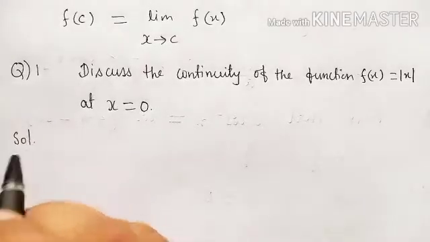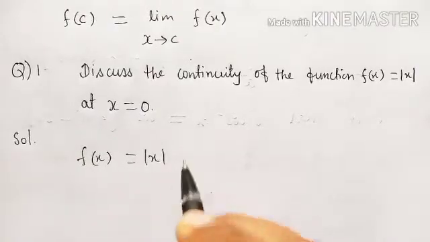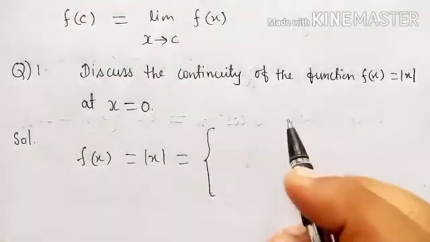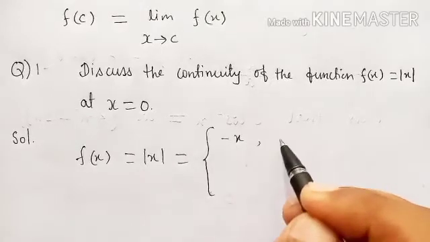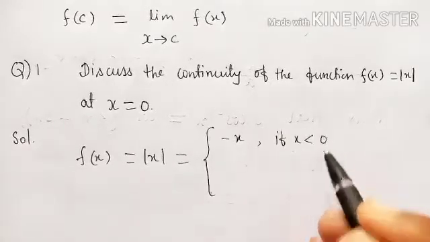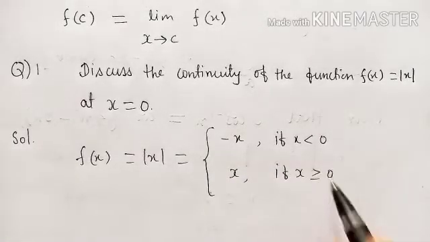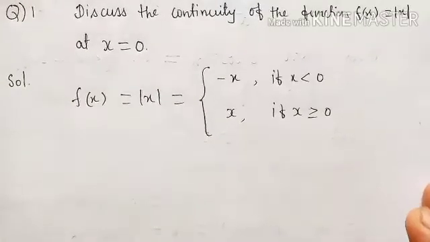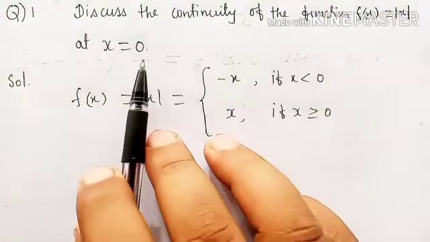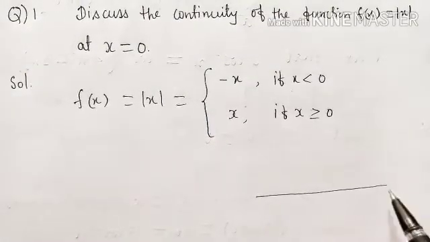Solution. We know that mod x is minus x if x is negative and x if x is positive or 0. So here c is 0. Let us draw its graph.